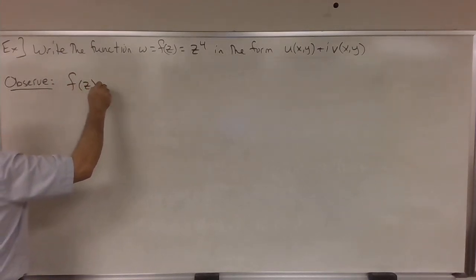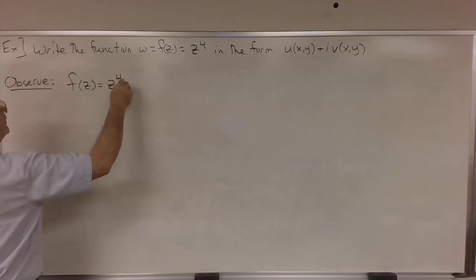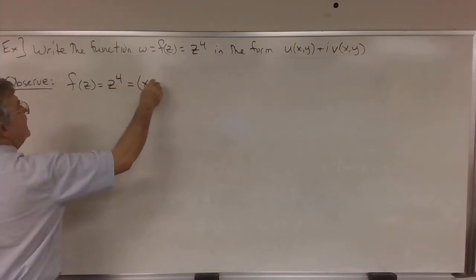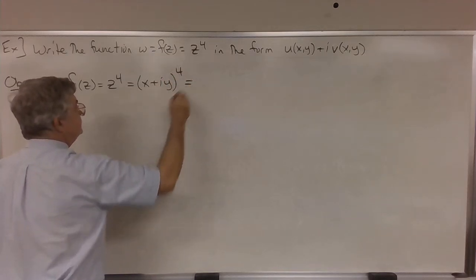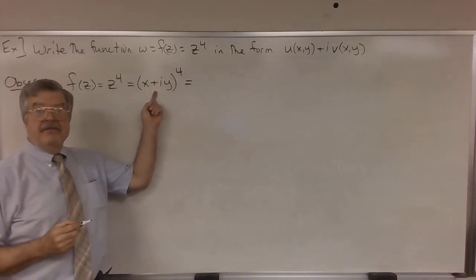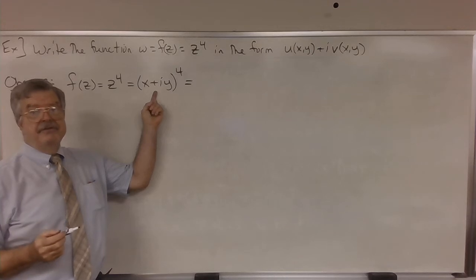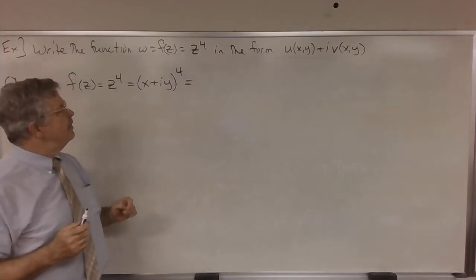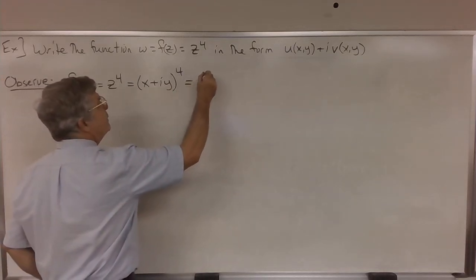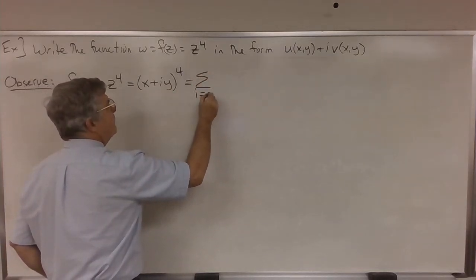I'll just write out what the function is and write it in terms of x and y. And this is a binomial raised to the fourth power. So if we don't know what this is supposed to be, we can just use the binomial theorem.